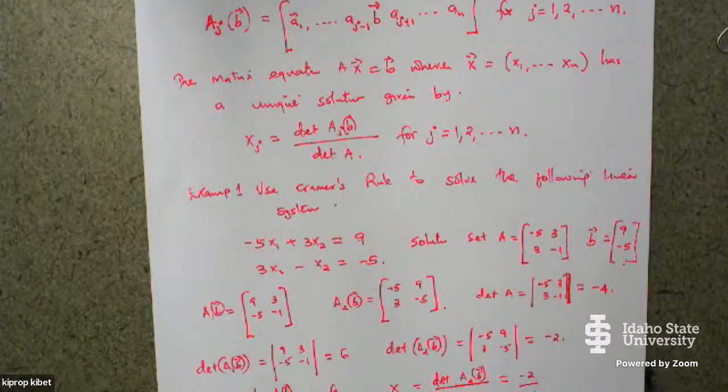If these are 3 variables, it is the same thing: you take the first one, replace it, then the second one, replace it, then the third one, replace it, and then you get the determinants. You get x1 as the determinant of these divided by determinant of A. So that is how simple it is.